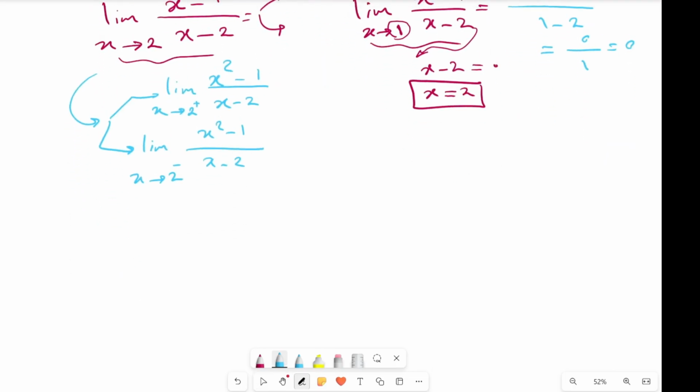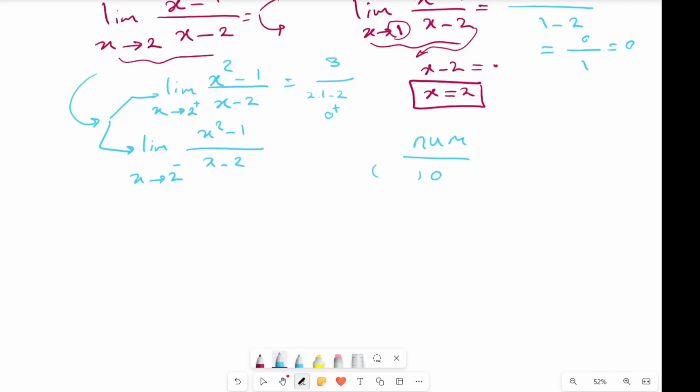Positive 2 squared is positive 4 minus 1 is 3, and 2.1 minus 2 is positive 0. And we know a number divided by 0, the limit is 0, not exactly precise 0, guys.